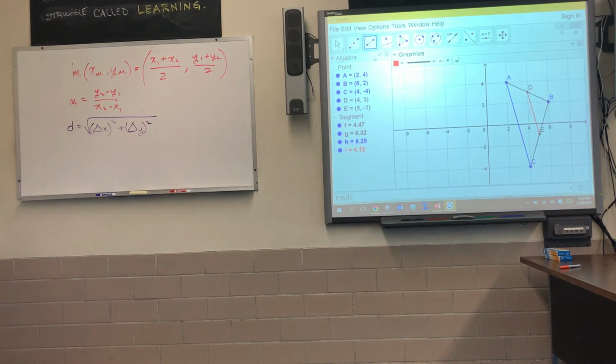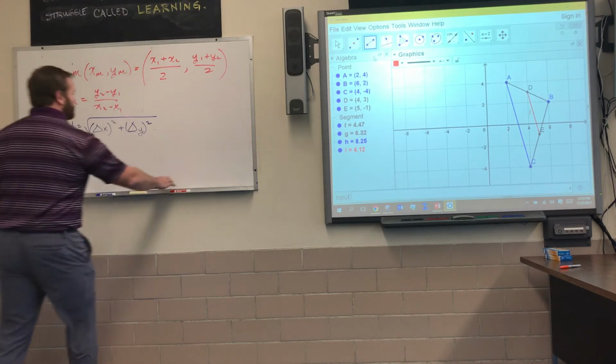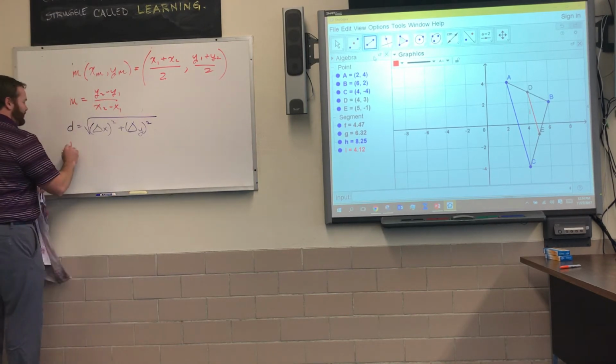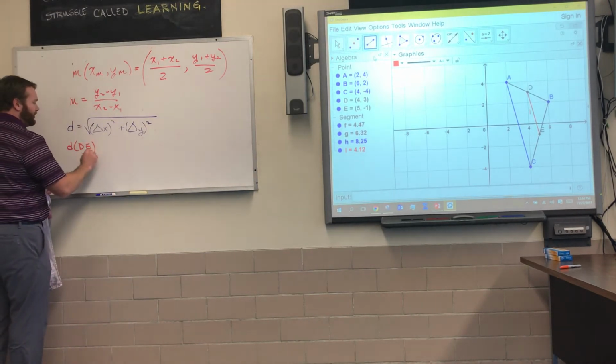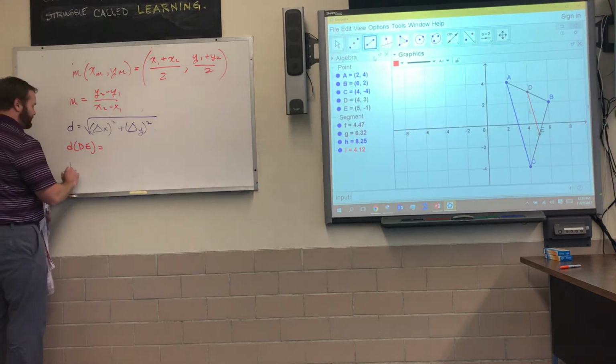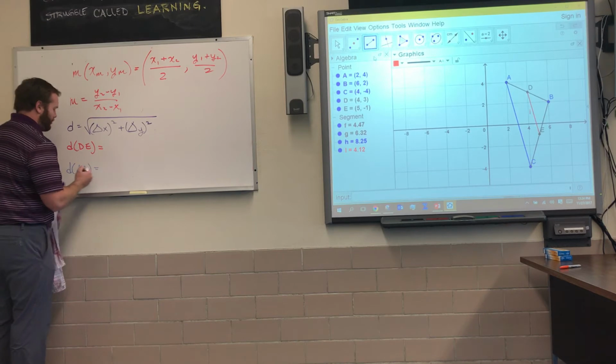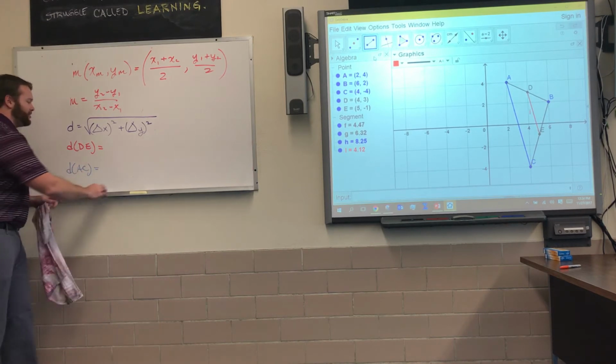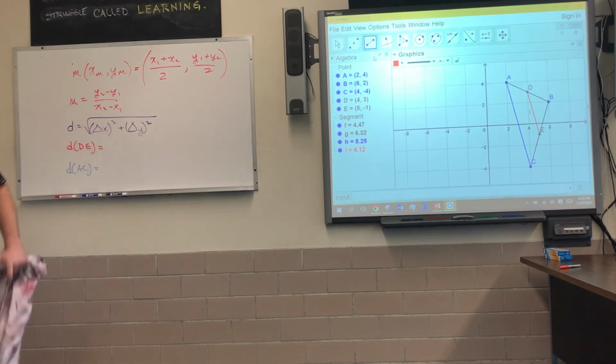Change meaning difference, right? Or subtraction. Okay? So find the length of DE. I'll give you a minute to do this. And then we're going to find the length of AC. And we're going to see if there is a relationship between those two values.